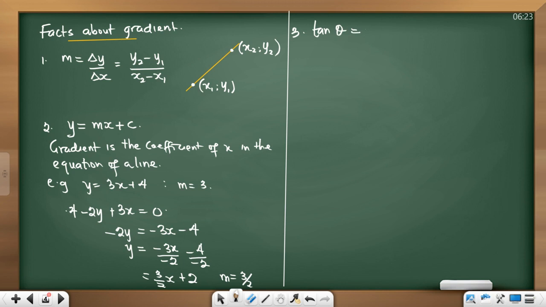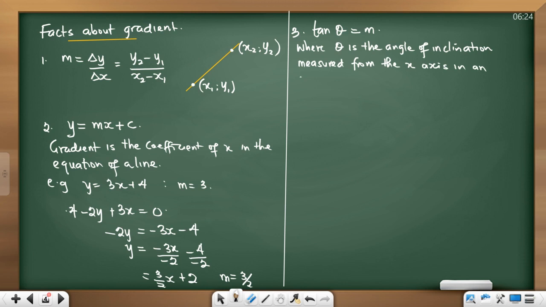Tan theta is equal to m, where theta is the angle of inclination measured from the x-axis in an anti-clockwise direction. Please take note, it has to be anti-clockwise.